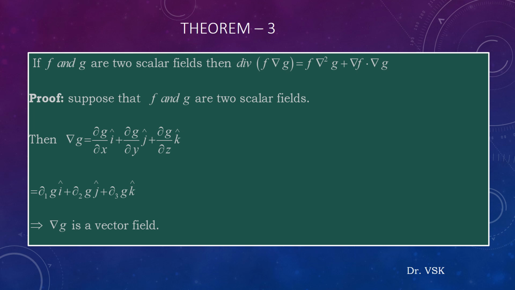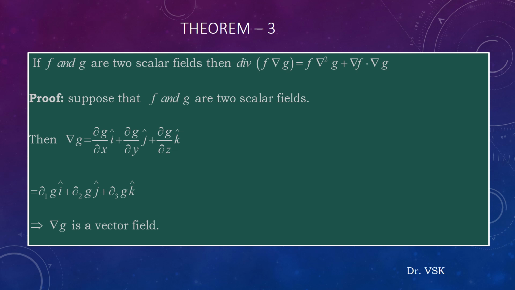According to our new notation, dou g by dou x can be written as dou g by dou x1, dou g by dou y as dou g by dou x2, dou g by dou z as dou g by dou x3. So grad g can also be written as dou g by dou x1 i cap plus dou g by dou x2 j cap plus dou g by dou x3 k cap.